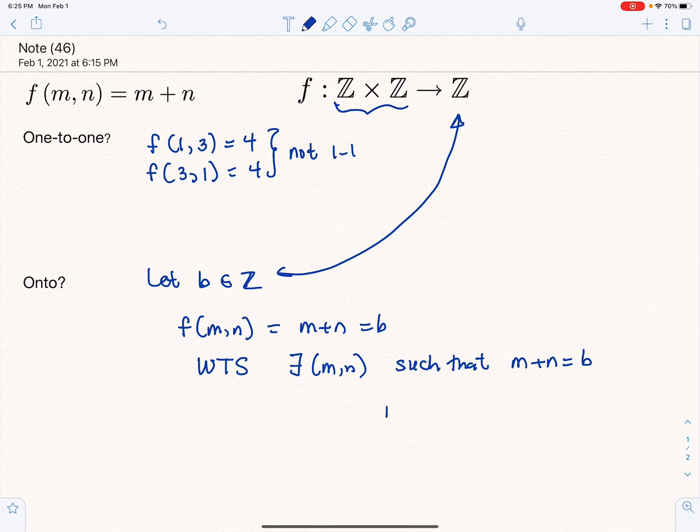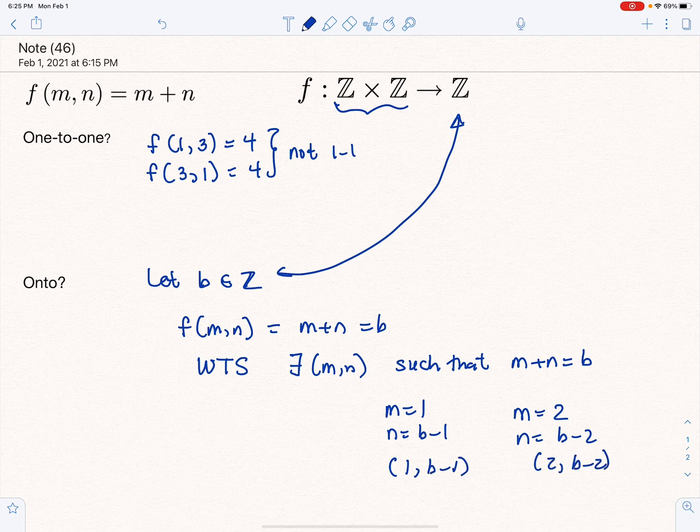We could say m equals 1 and n equals b minus 1. We could say m equals 2 and n equals b minus 2. And if b is an integer, we know that adding or subtracting another integer to it is going to give you another integer. So here we have several solutions, okay?